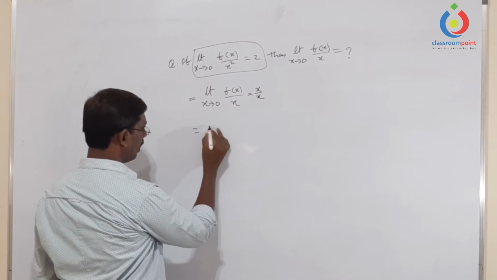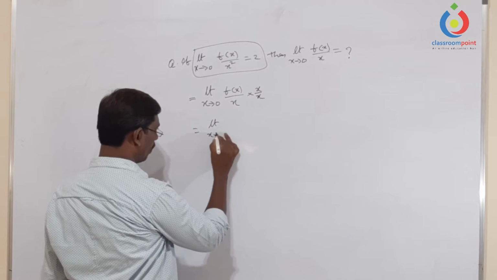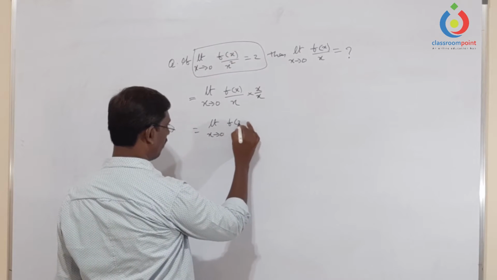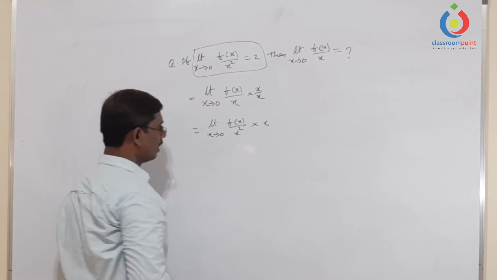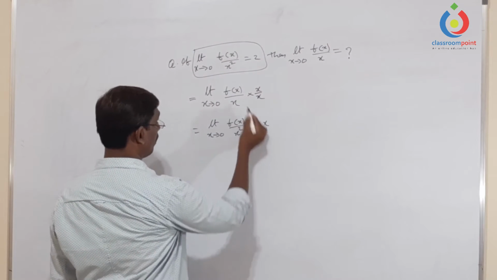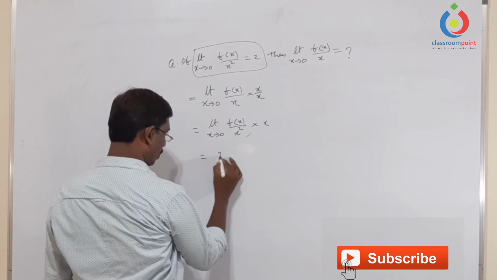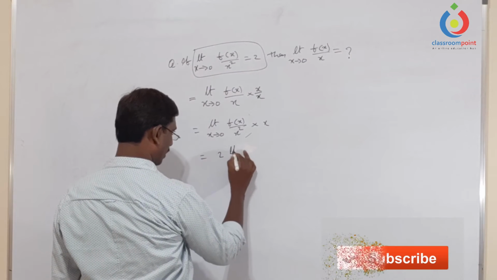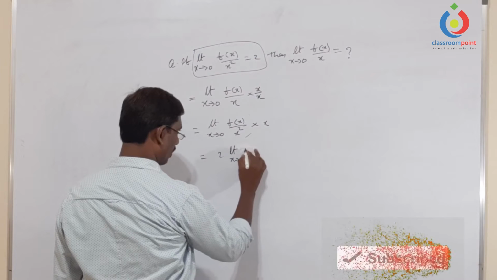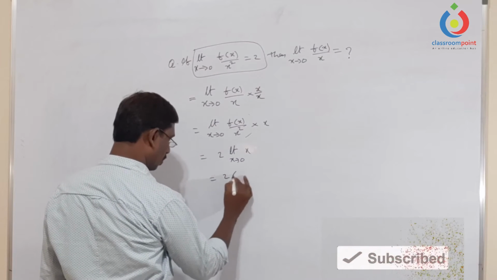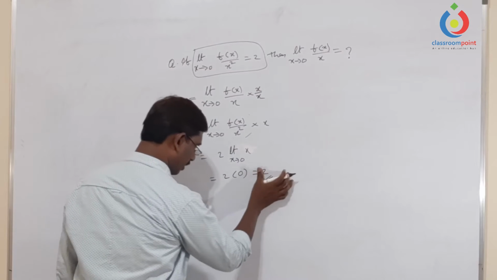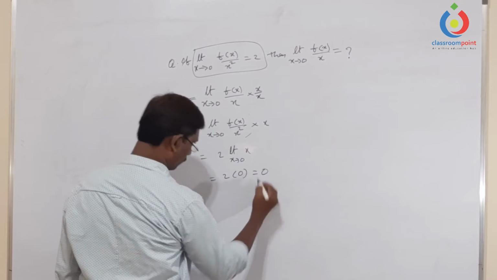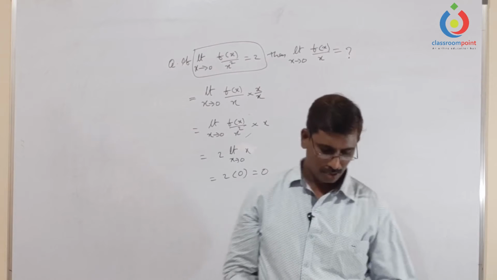Then limit x tends to 0 of f of x by x square into x. Already they have given that this total value is 2. So 2 into limit x tends to 0 of x, that means 2 into 0, the result is 0.